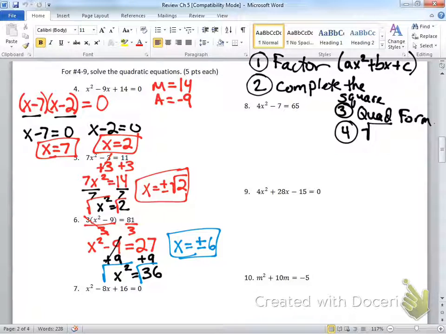Can we fit 7 up there, or do I need to scroll? Yeah, we can put 7. Number 7 is an x squared, x, constant equal to 0. That's like perfect MA, hopefully. Maybe not, we'll see. So 16, negative 8, x minus 4 and x minus 4.